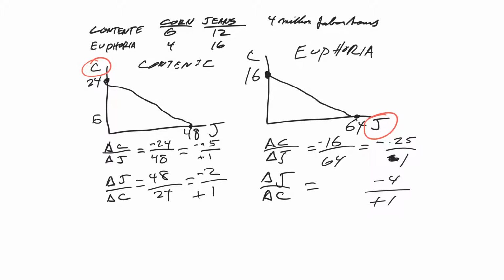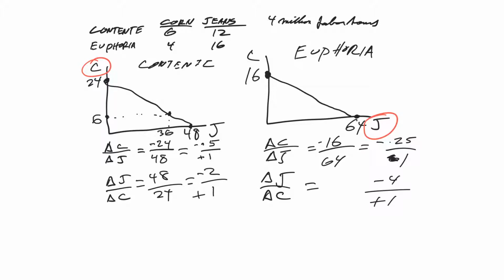It's right there. And Contente is currently using the other 3 million hours on jeans. They can produce 12 per hour, and they're using 3 million hours on production of jeans. So that's 36 million. Okay, that's where they're currently producing.